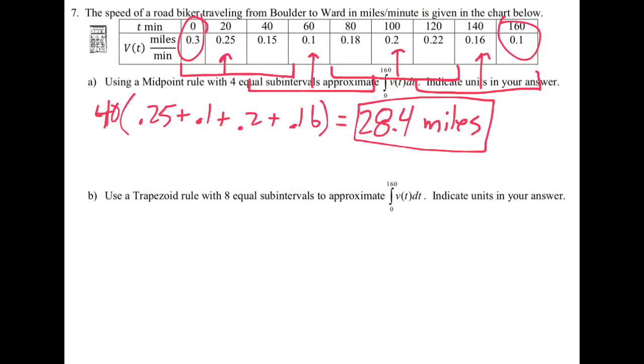The width is 20. We need to divide that by 2, because the formula of a trapezoid is base 1 plus base 2 times the height over 2, or the width over 2, however you want to think about it.